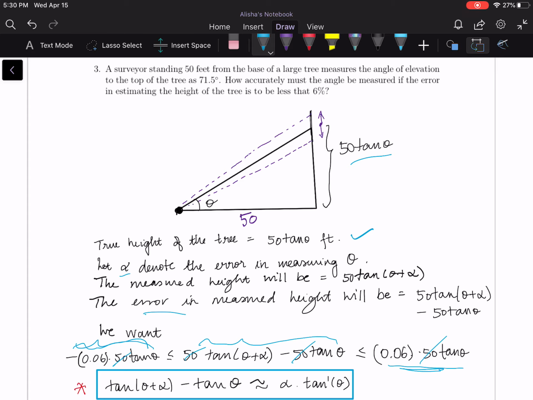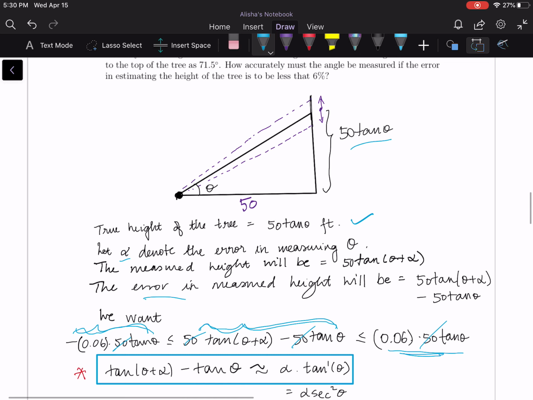The next thing I'm going to use, and this is the really big hint here, is that we're allowed to approximate this difference using a derivative.